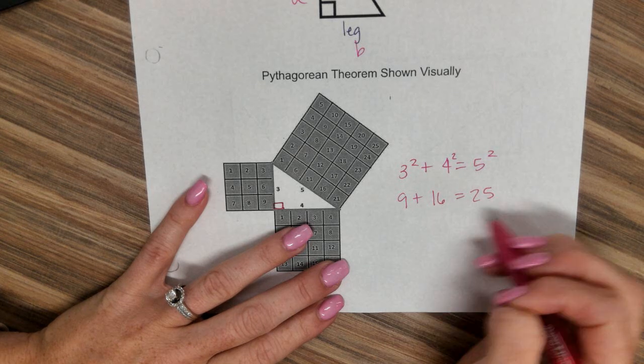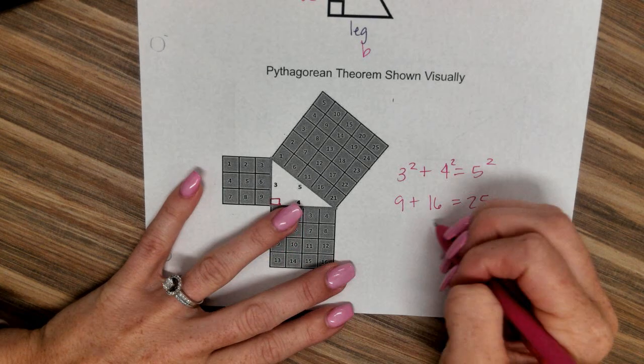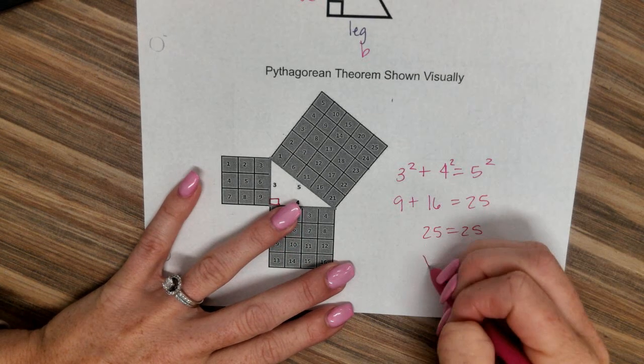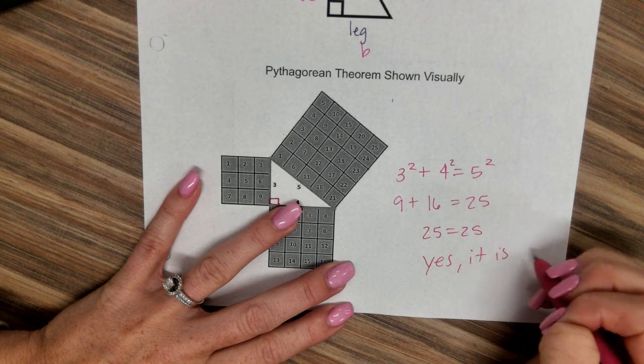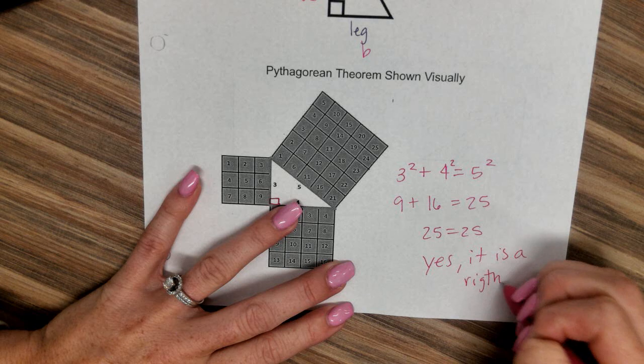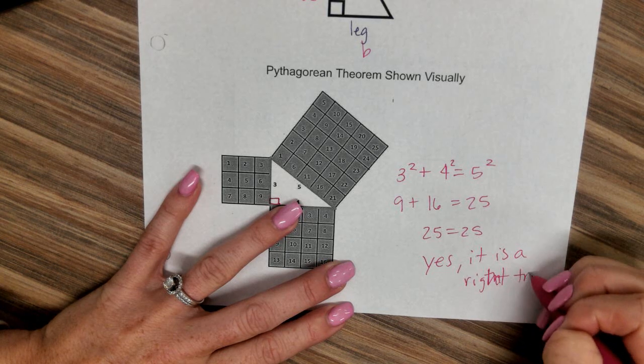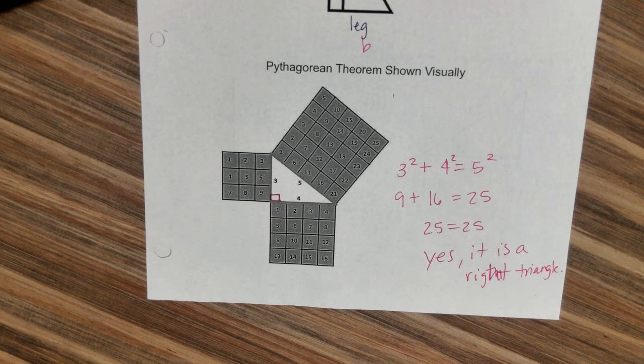Is 9 plus 16 equal to 25? Yes, 25 equals 25. So yes, this is a right, I can't spell, triangle. So if they give you all three sides, they're just going to ask you, is it a true right triangle or not? And you could use this theorem to say yes it is or no it's not.